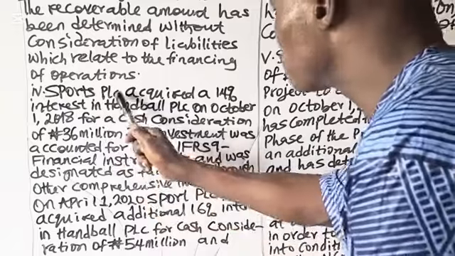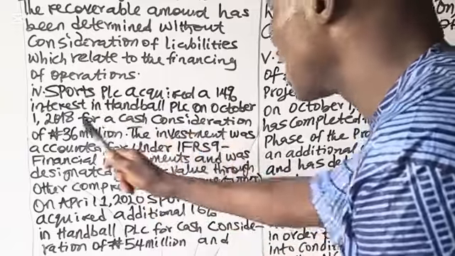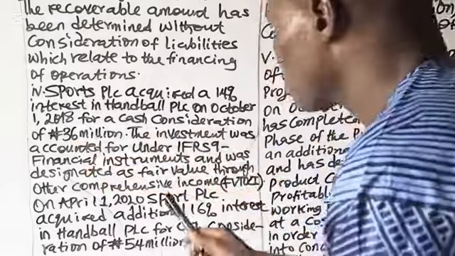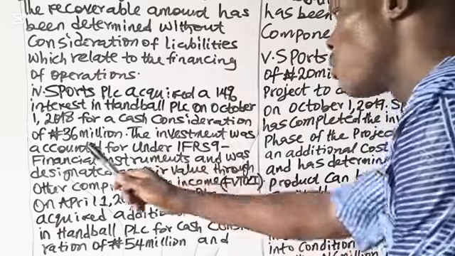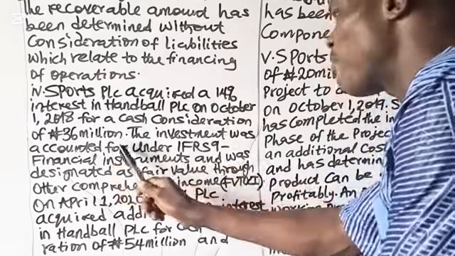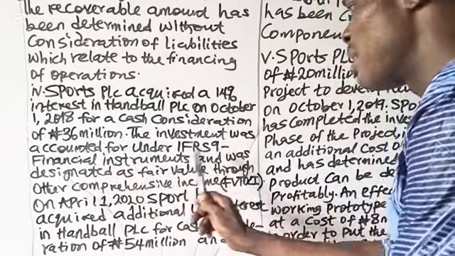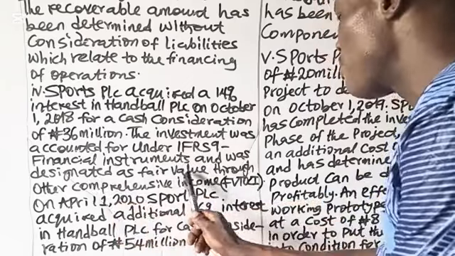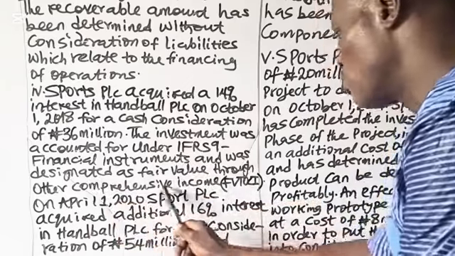4. Sports PLC acquired a 14% interest in Handball PLC on October 1st, 2018 for a cash consideration of 36 million naira. The investment was accounted for under IFRS 9 financial instruments and was designated as fair value through other comprehensive income.